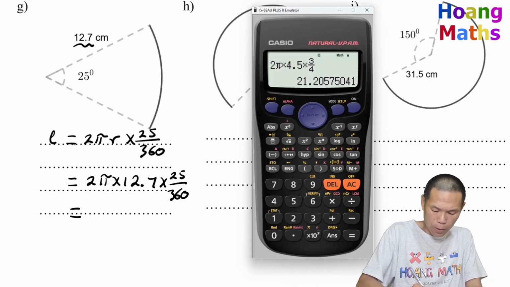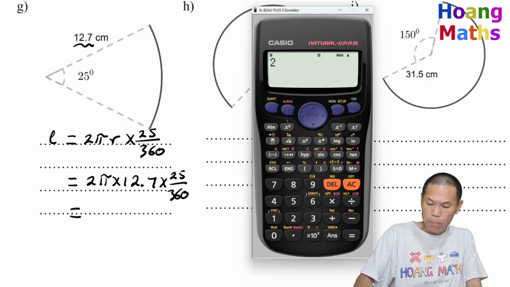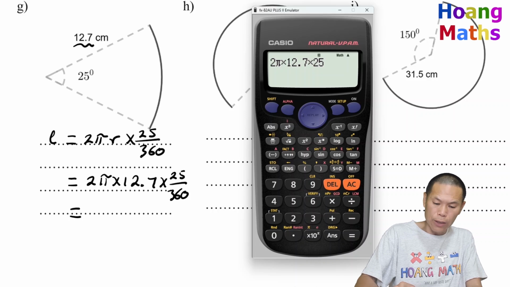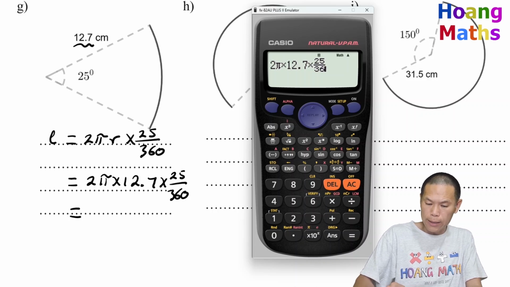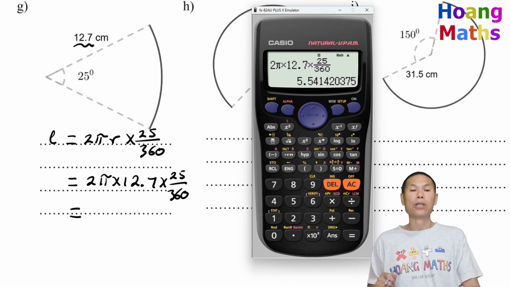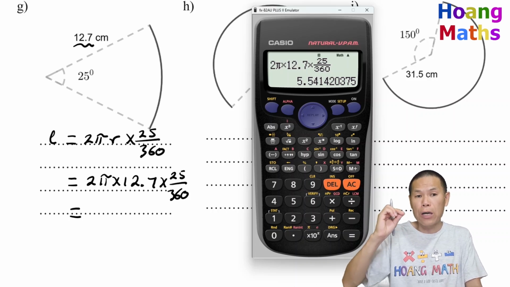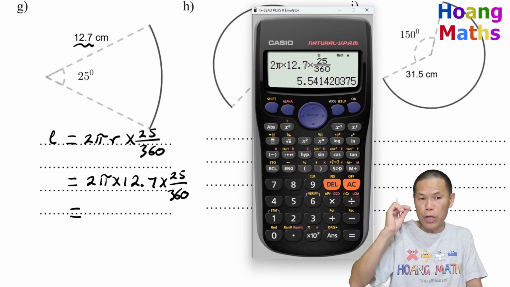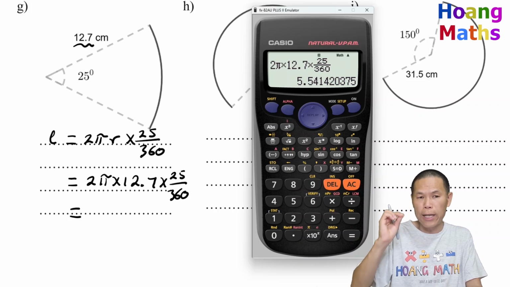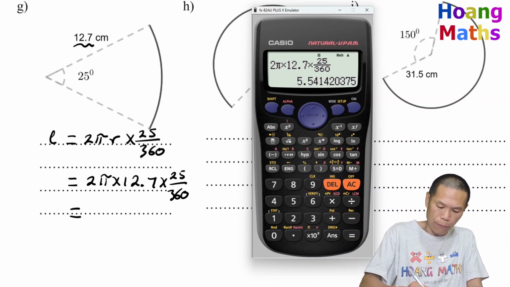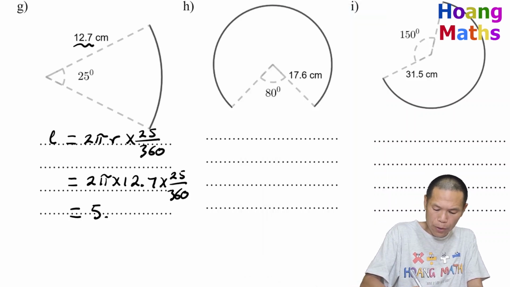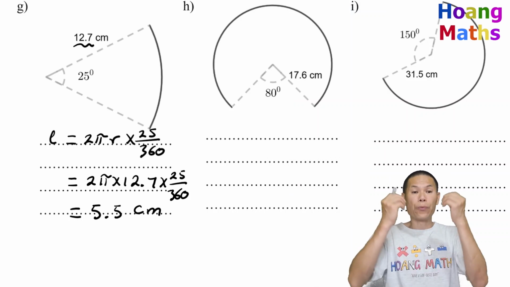That will give me 5.54. So it's 5.5, correct to 1 decimal place, because the number after 5 is 4, so less than 5. So therefore 5.5 centimeters. So there you go.